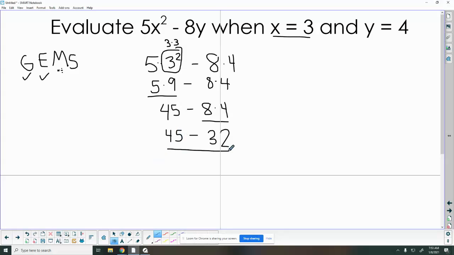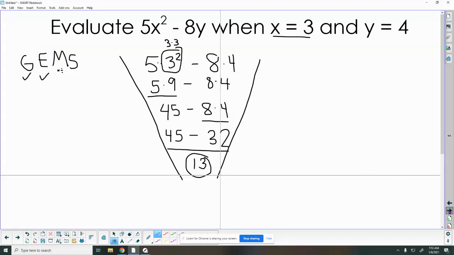So our last thing to do is 45 minus 32. 5 minus 2 is 3. 4 minus 3 is 1. So this value, when we evaluate, is 13. So we're just trying to take this and funnel it down. I really like to underline, this is the part that I'm doing. This is what I have to do next, and following this order.